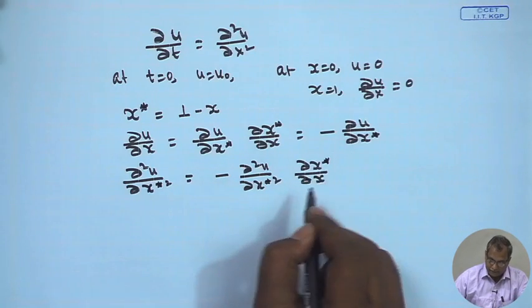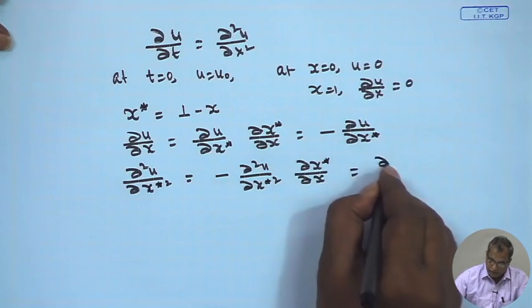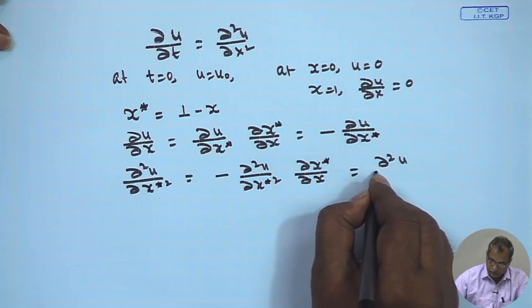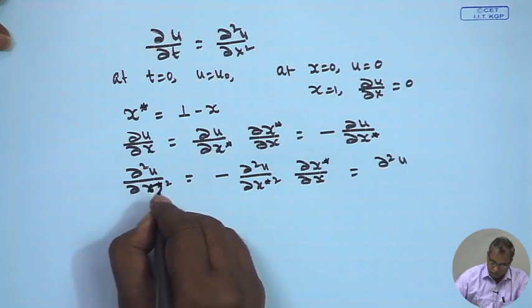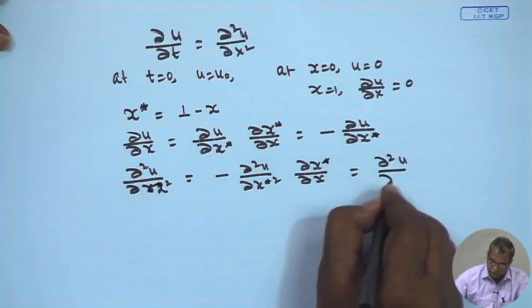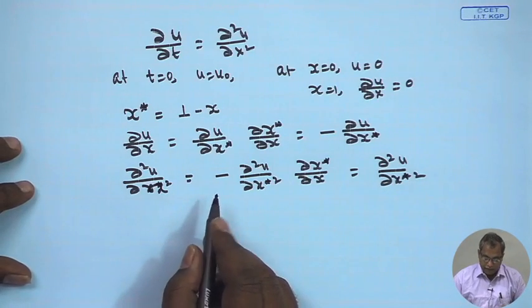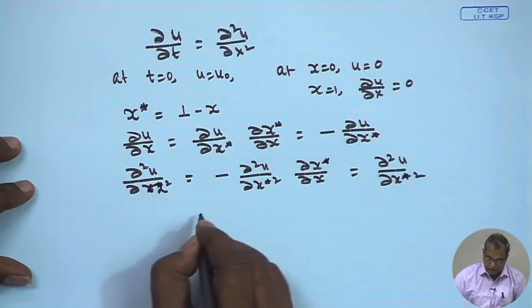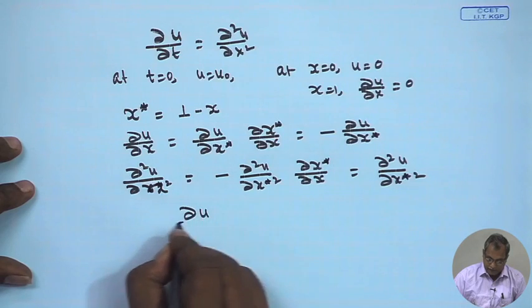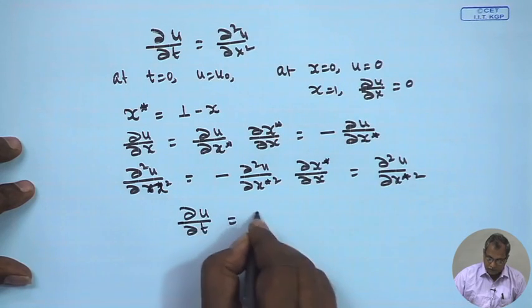Del x star del x is again minus 1, so it will become del square u del x star square.